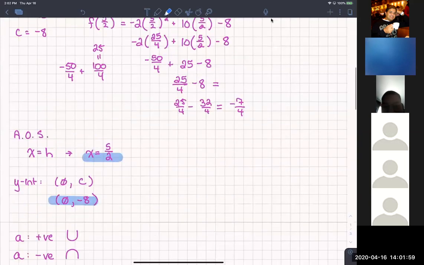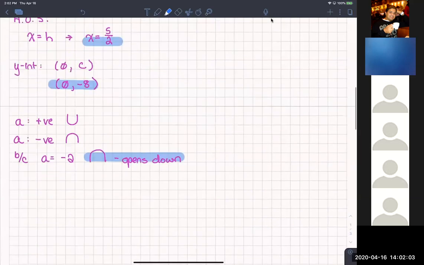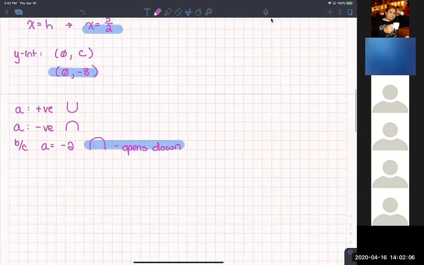And the last thing we were asked to find is the x-intercepts. And remember, to find the x-intercept, we set the equation equal to 0. And we solve. So remember how to solve this.